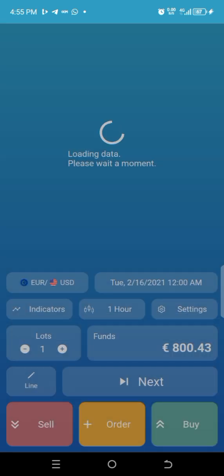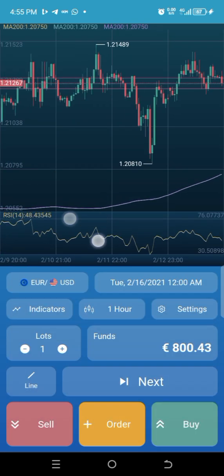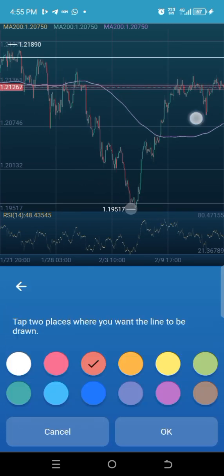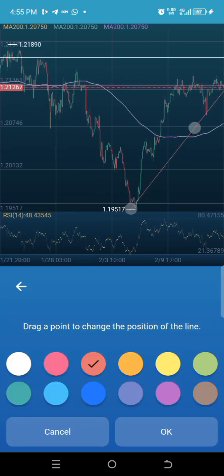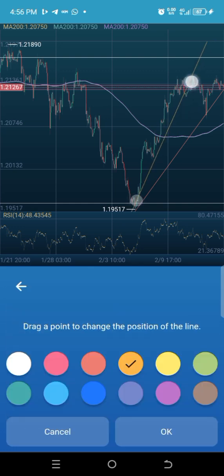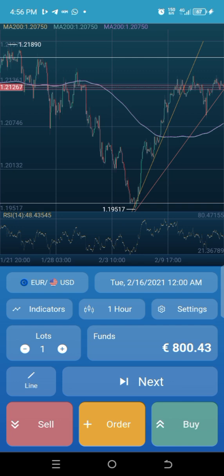1 hour. Try to draw a trend line. You can have this as a trend line. Not perfect. Some of you may say also this is correct, you're all correct. Nothing should stop you.